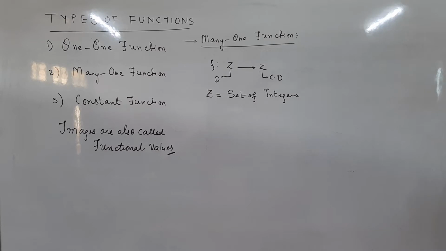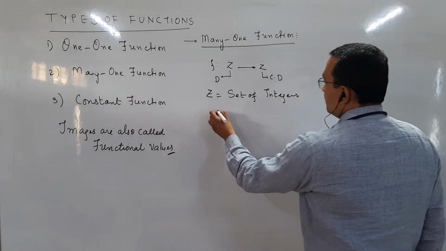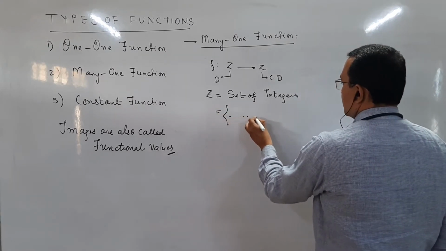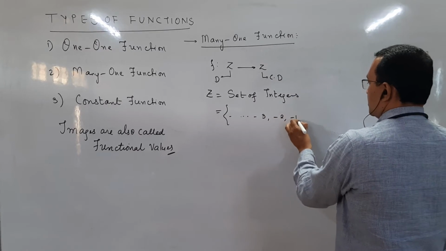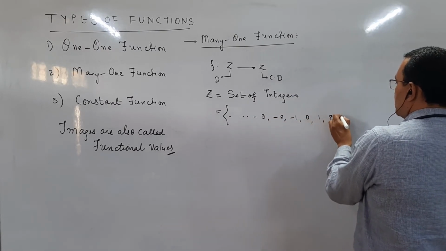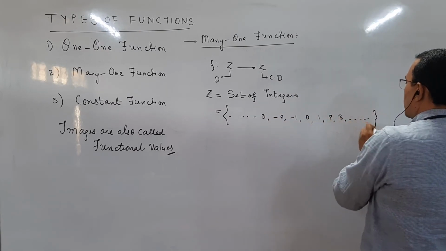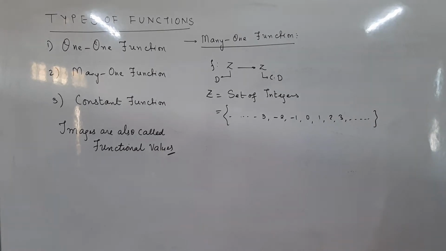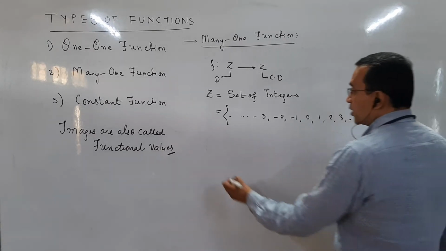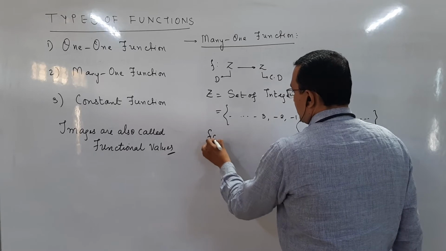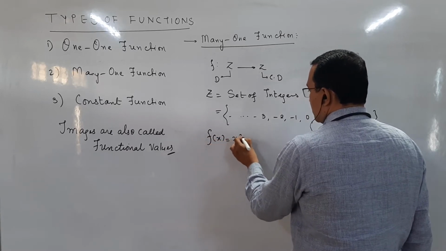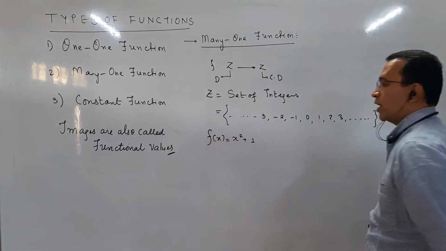Integers can be either positive or negative, including 0. So this set is an infinite set. So I can write this as minus 3, minus 2, minus 1, 0, 1, 2, 3, 4, 5 to infinity. Now, the functional rule is say f of x is equal to x squared plus 1.